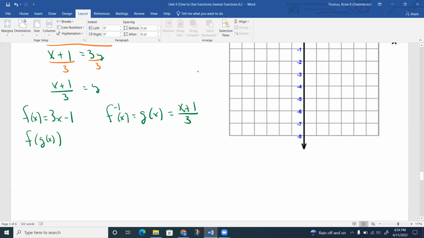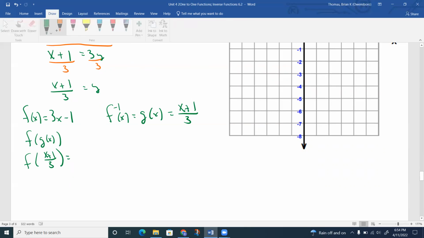So this is going to become f of x plus 1 over 3. The x plus 1 over 3 has to go in for x in the f function.